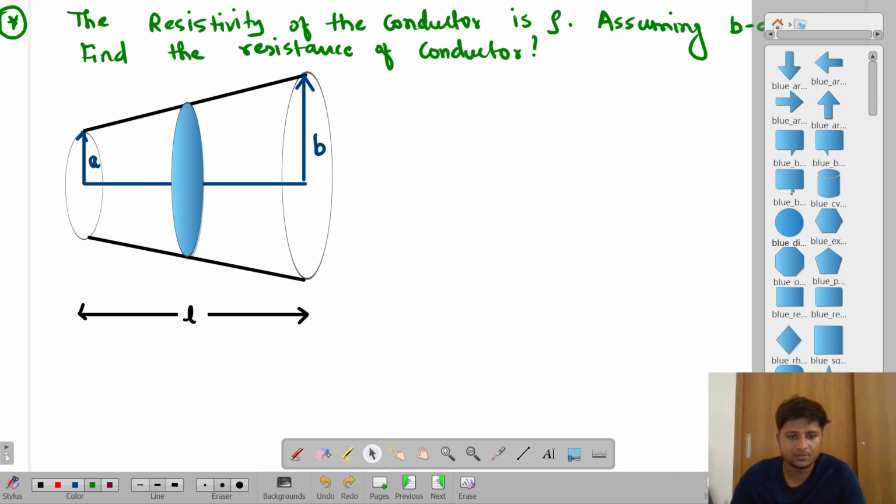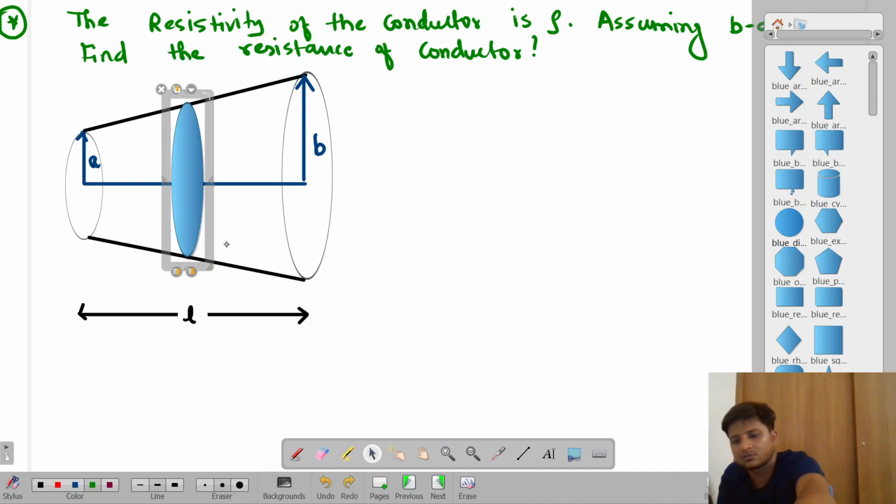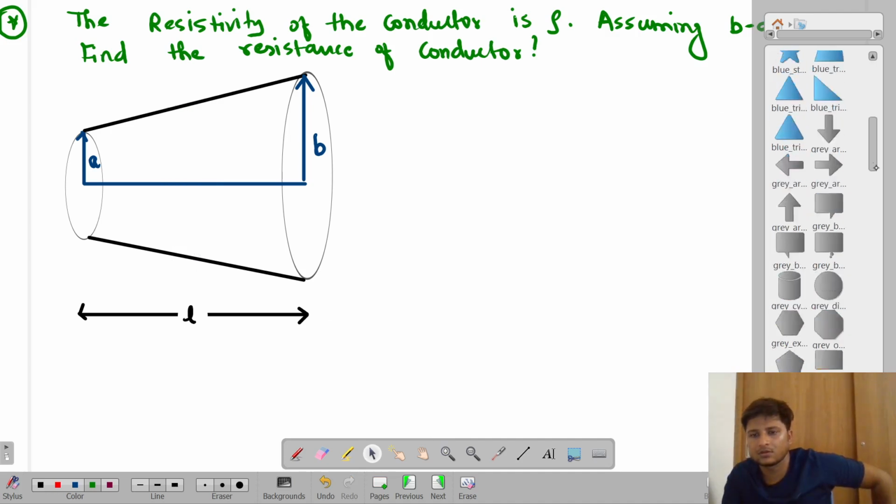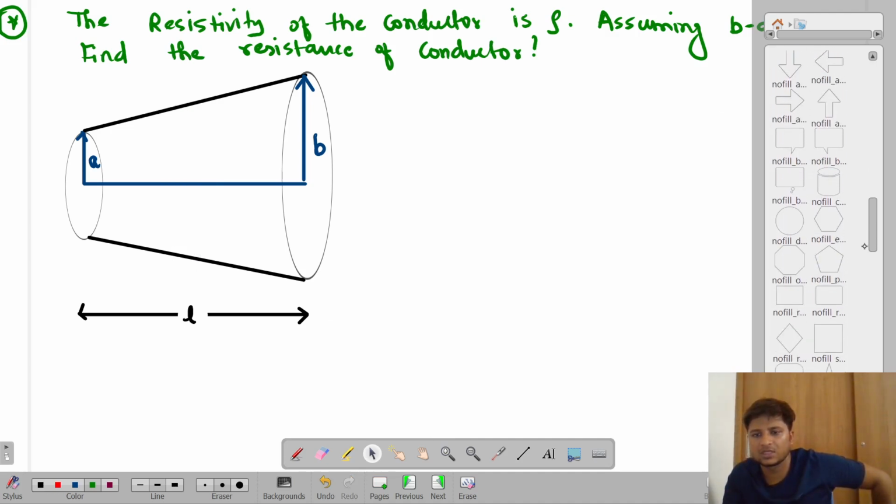Tell me. It's easy only. Don't take tension that it's too tough. It just requires a logic. Apart from that, it does not require anything else.